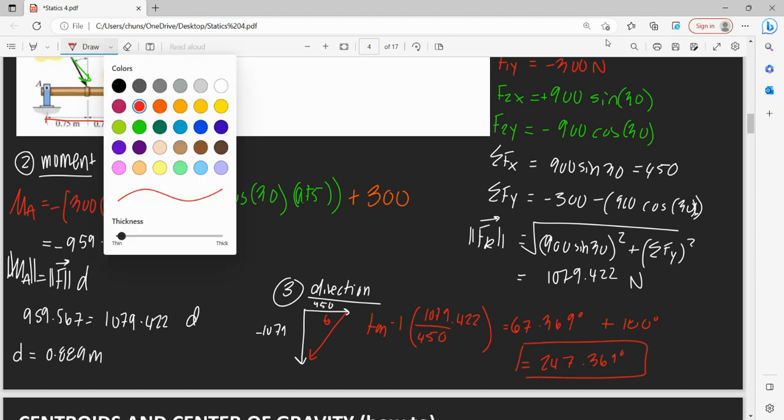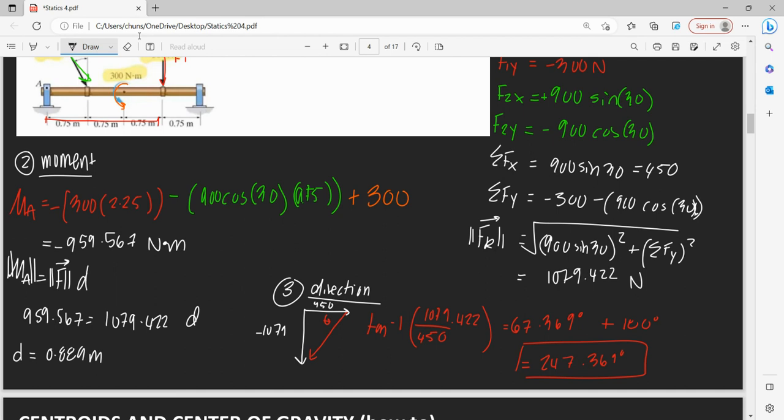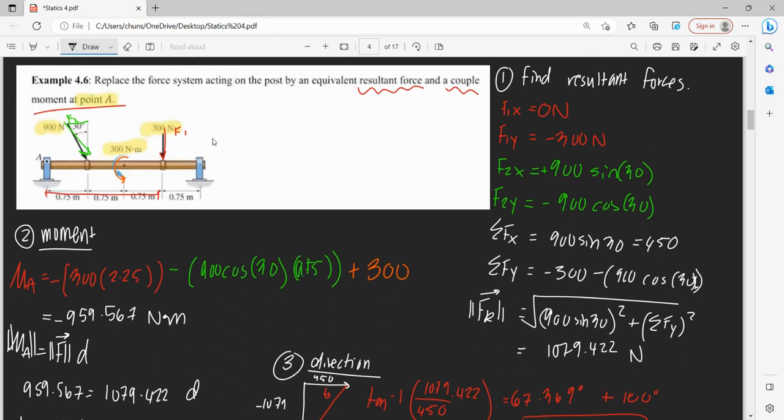So if we were to redraw this beam, this would look like, so we've got our moment here. Sorry, our moment's in the clockwise direction, and this was 959.567 newton meters.